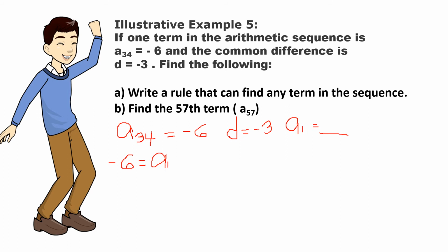So sinubstitute ko lang sa ating formula plus 34 minus 1 times the difference na negative 3. We have negative 6 equals a sub 1 plus 33 times negative 3.